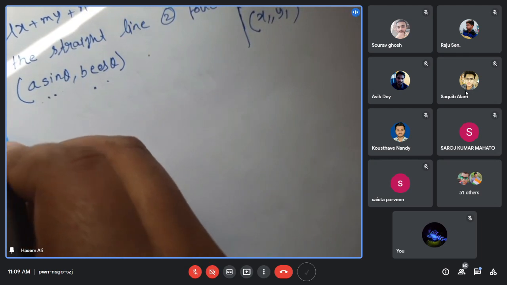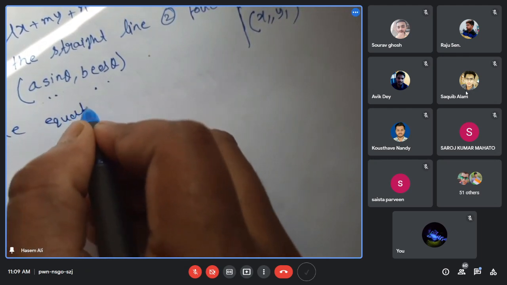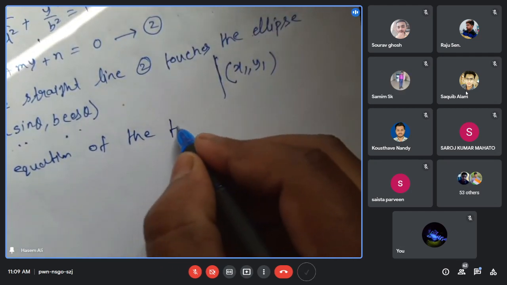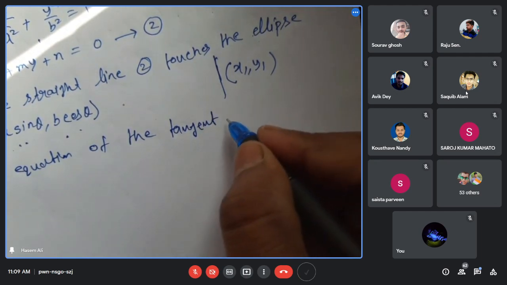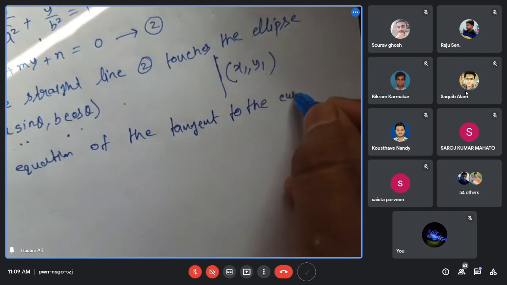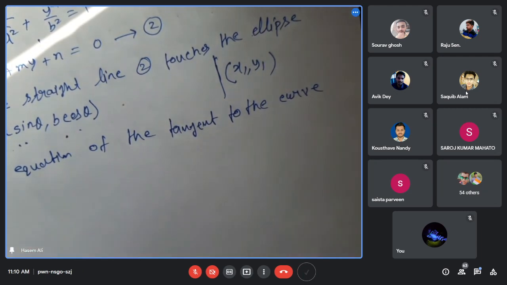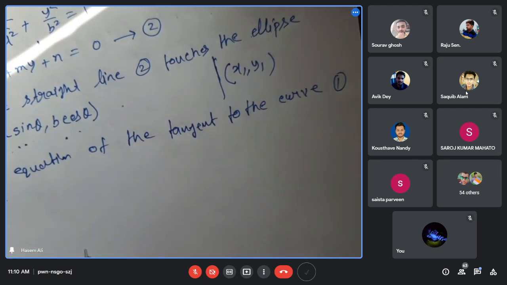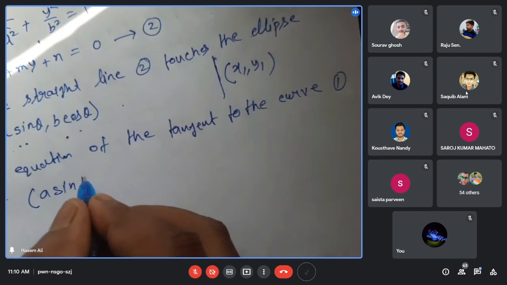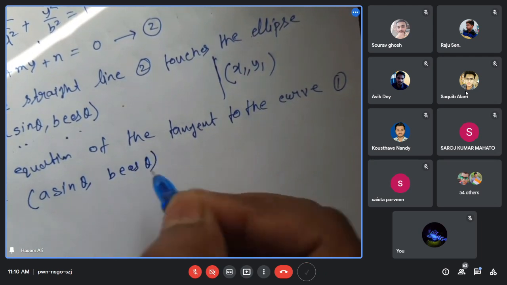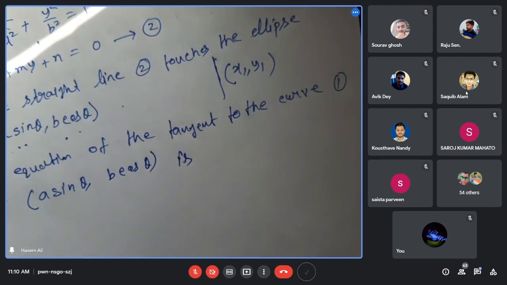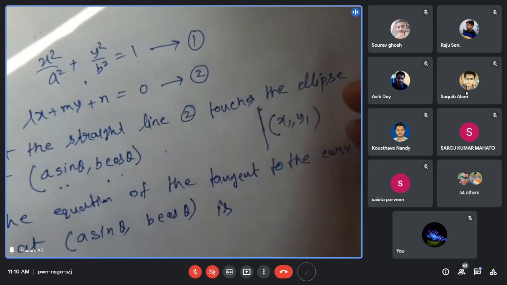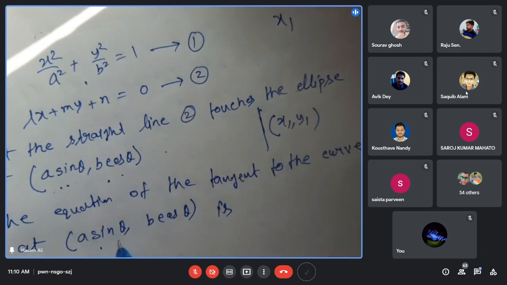Now the equation of the tangent to the curve 1 at the point (a sin theta, b cos theta) is: here x²/a², and the point x1 is our a sin theta.